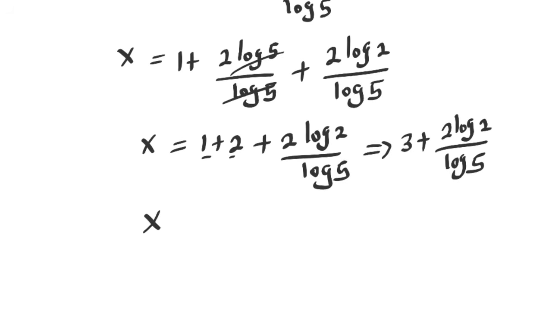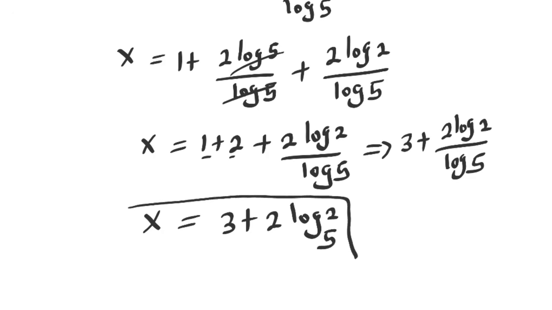Then x is equal to 3 plus 2 log 2 over log 5 can be written as log 2 base 5. This is the value of x.